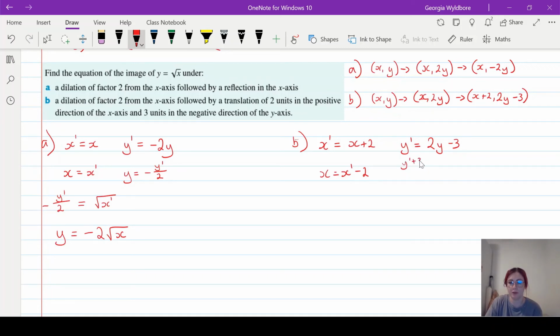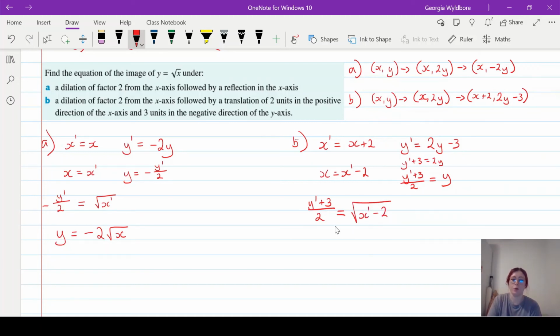So it's going to be y dash plus 3 equals 2y. So y dash plus 3 over 2 is going to be our value of y. So if we sub those values in, we get y dash plus 3 over 2 is going to be equal to the root of x dash minus 2.